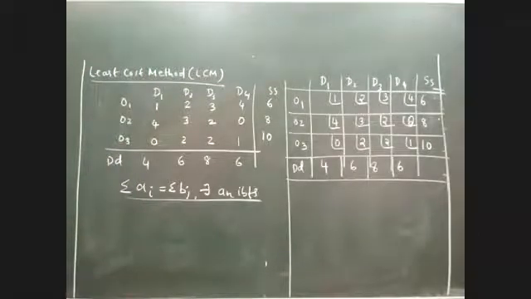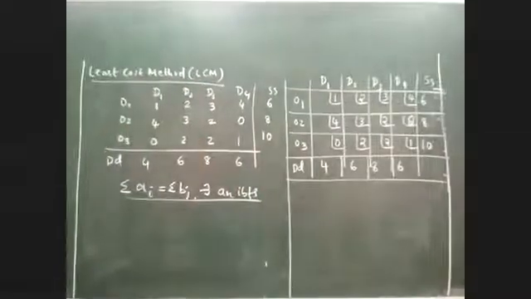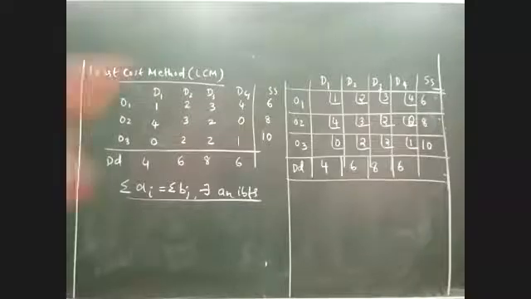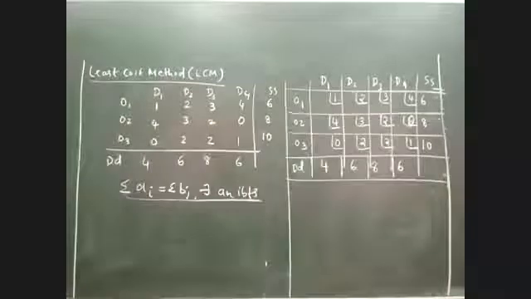Therefore, the most important outcome of the least cost method is that it will not have a common answer for everybody. If I am solving this problem considering O3, I might get a different answer. If Rajat starts solving the problem by taking the D4 value, which is also 0, he would get a different answer. So in the least cost method, you are not expected to have a uniform answer whenever the values are repeated.